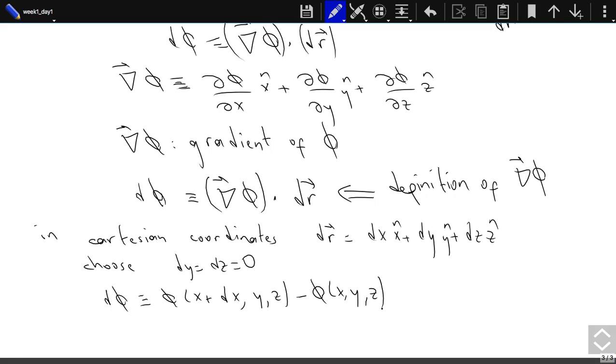Since dy and dz are 0, the y and the z coordinates I do not change. So the change in phi is only due to the change in x. And this should be equal to gradient of phi times dx in the x hat. But this is nothing but dx times the x component of gradient of phi.